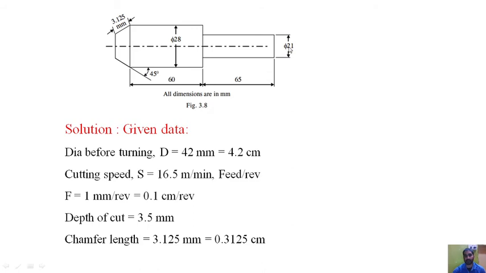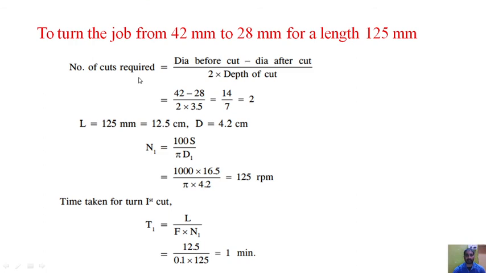After that you have to reduce it to 21. So in the first step you reduce 42 dia to 28 for a length of 125. After that this will be finished. Only you have to concentrate on this. Then you again reduce it from 28 to 21 mm for a length of 65 mm, in the third or fourth cut.